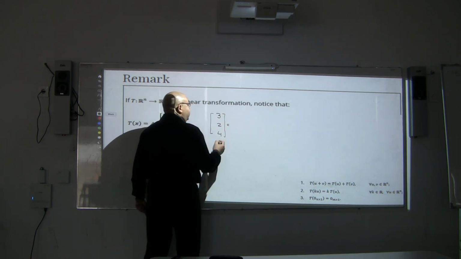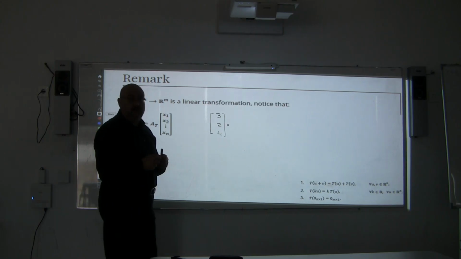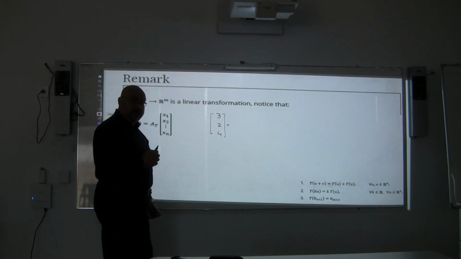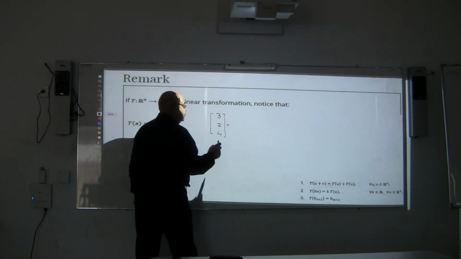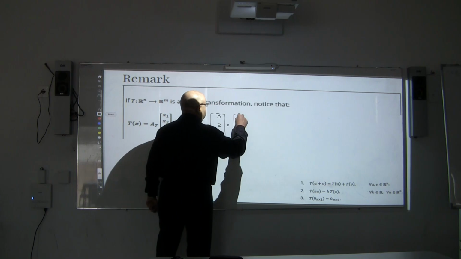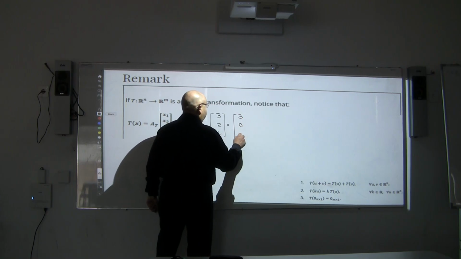I can write this column matrix as a sum of elements multiplied by columns of a unit matrix. Okay, look, Omar. This matrix is equal to 3, 0, and 0. Am I right?